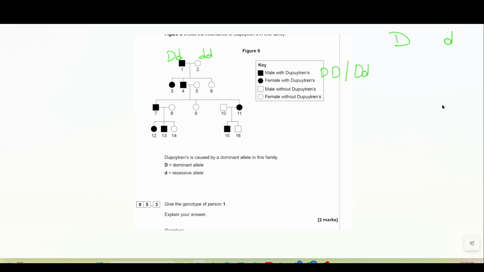These two are also unaffected, and if we cross them, these two offspring are affected, so it is going to be capital D and small d.